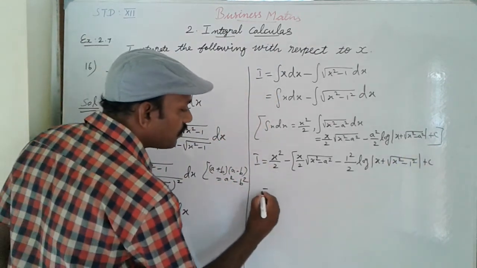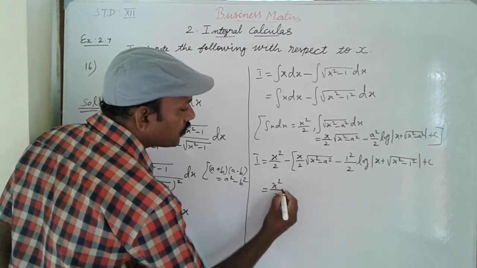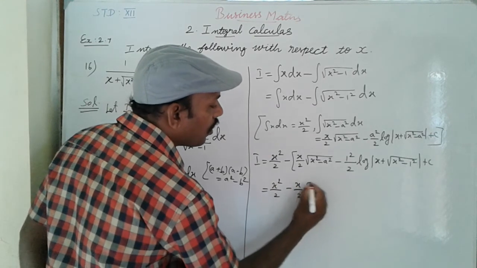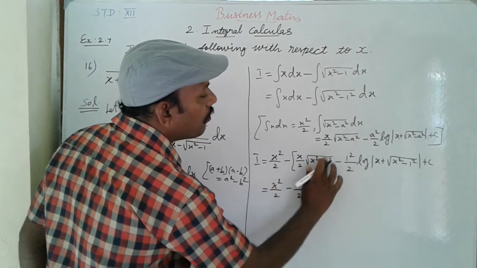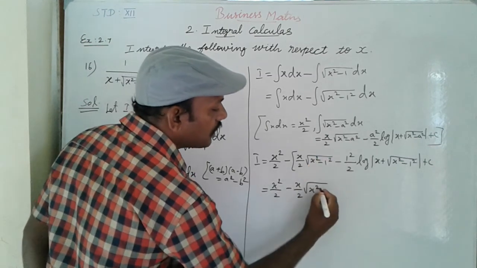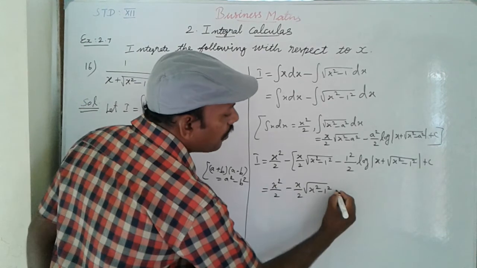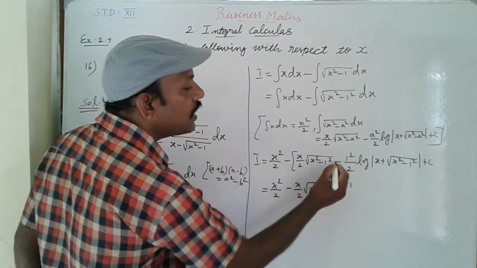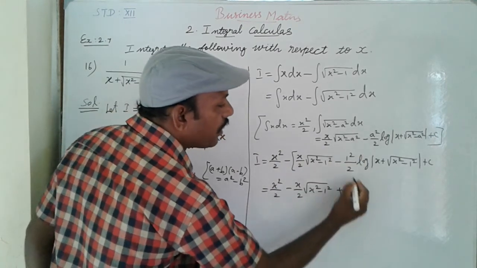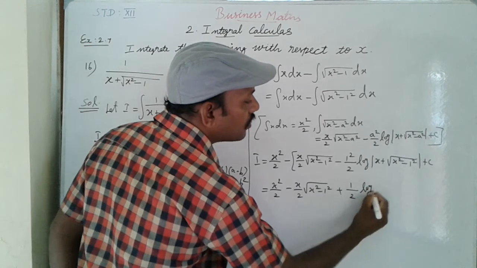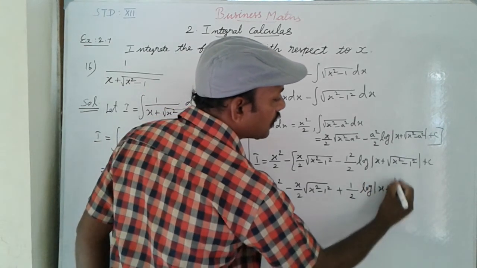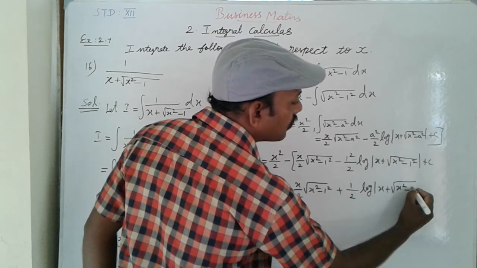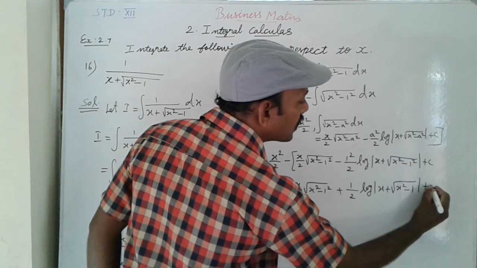So we should write x square divided by 2, minus, taking inside, minus x by 2 root of x square minus 1 square, minus 1 square, minus into minus is plus, 1 square is 1, divided by 2, log modulus x plus root of x square minus 1 square, plus c.